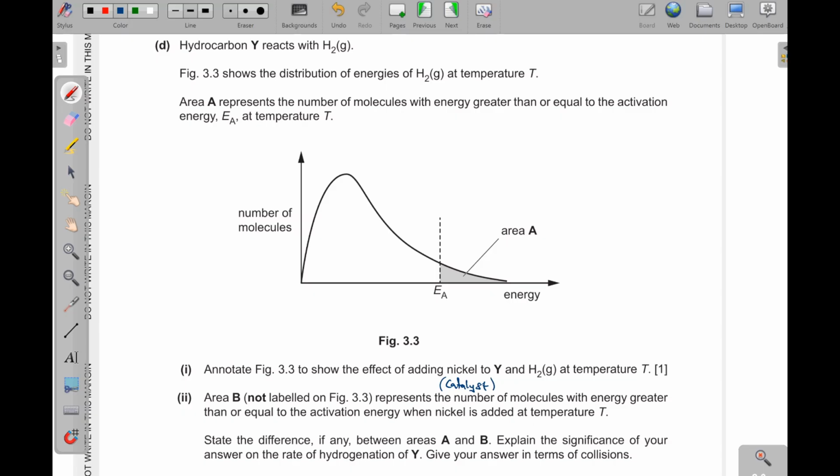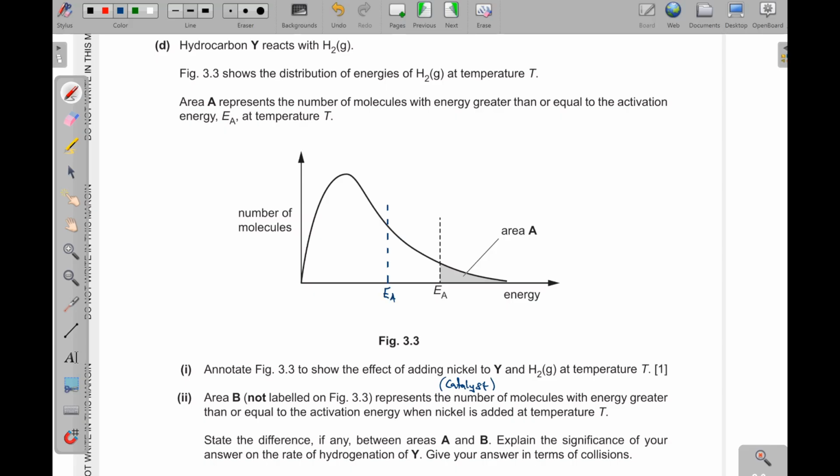You see it? So if it provides a pathway with lower activation energy, then we are going to have these particles which were having little energy, okay? Little energy to react. Their energy was not bigger than the activation energy, so they are going to be in position to react. You see that? So here I will put EA.